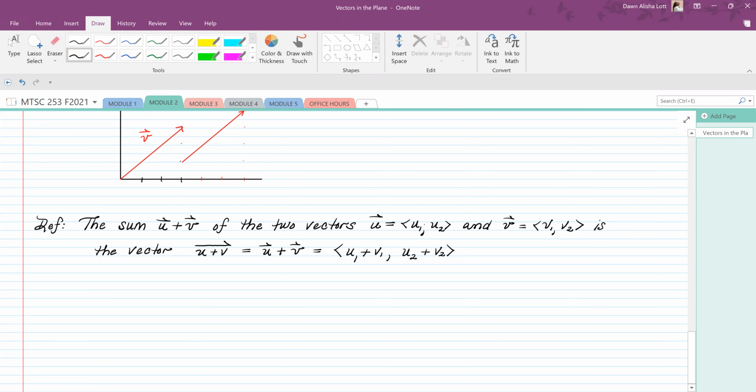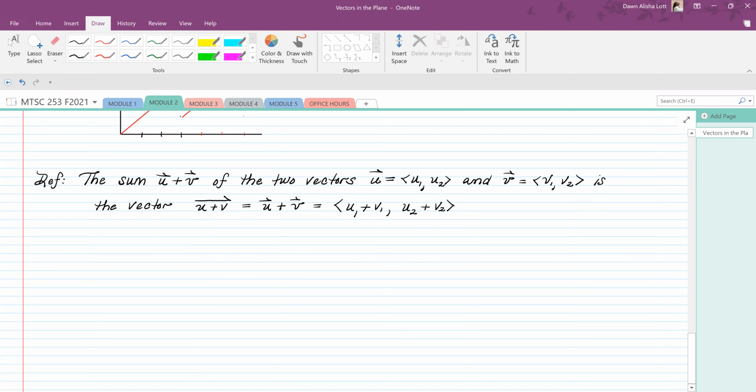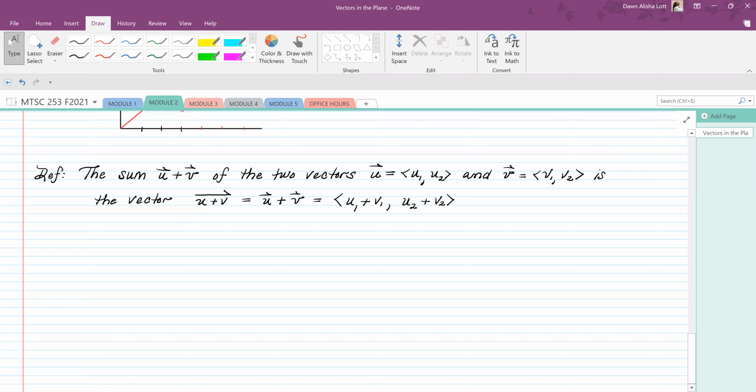All right, and the way you draw them is you take the two vectors and you make a parallelogram. So it's called the parallelogram law of addition. So it looks as such. So here's the vector v, and this is the vector u.